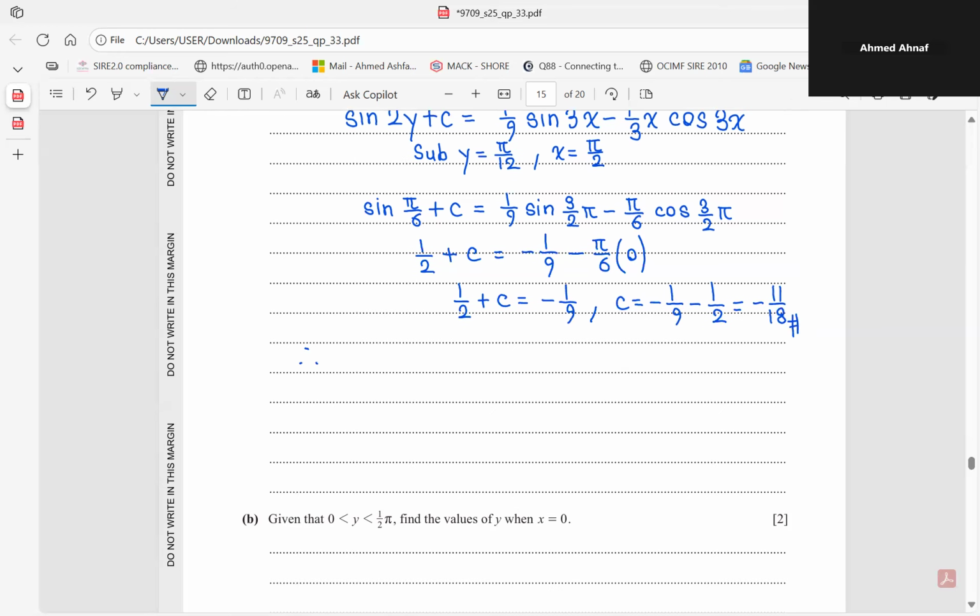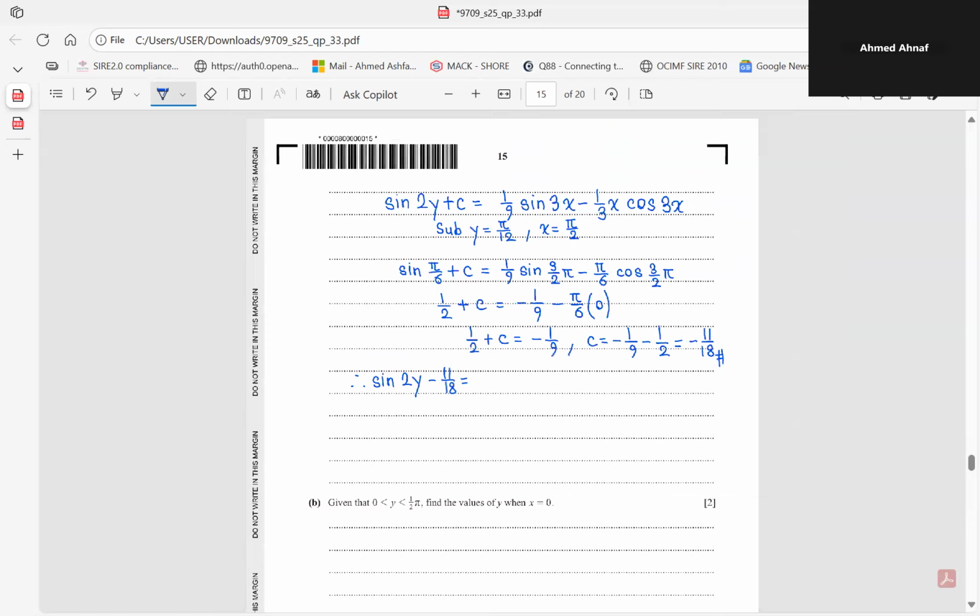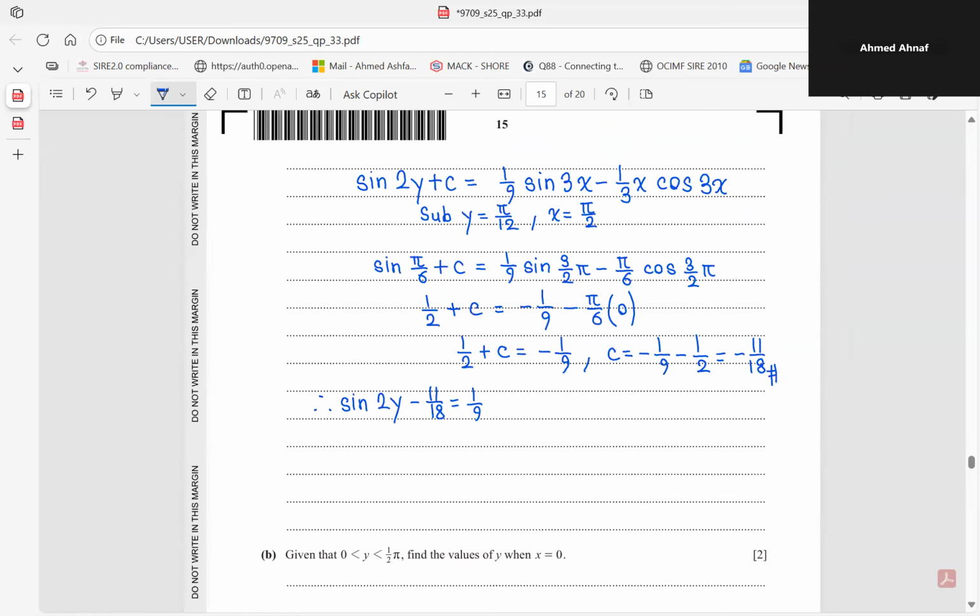And now we can write our final answer as sine 2y minus 11 over 18 equals 1 over 9 sine 3x minus 1/3 x cosine 3x.